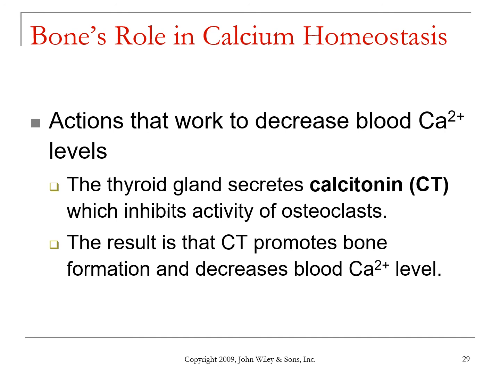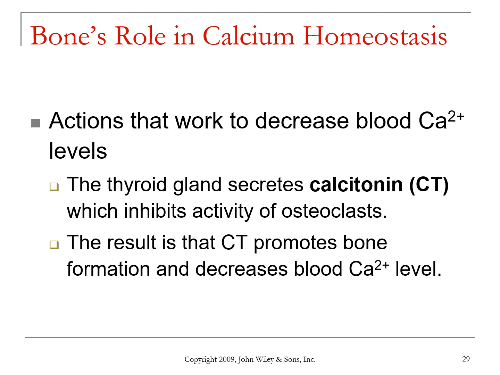The decreased osteoclast activity will result in decreased bone resorption, and now there's a switch in the balance between osteoblast and osteoclast activity. Now that there's decreased osteoclast activity, calcitonin indirectly promotes the uptake of calcium out of the blood and deposition into the bone by osteoblasts.